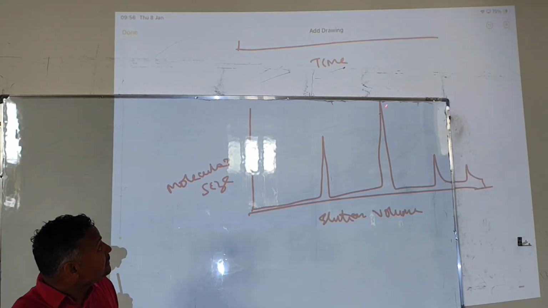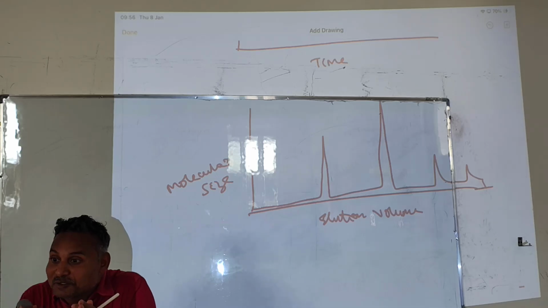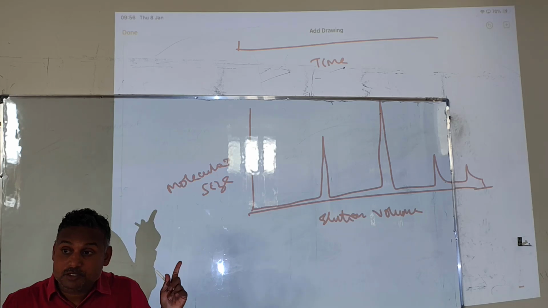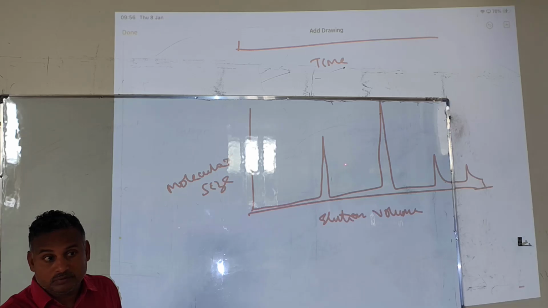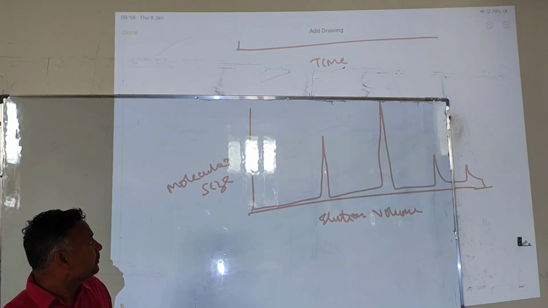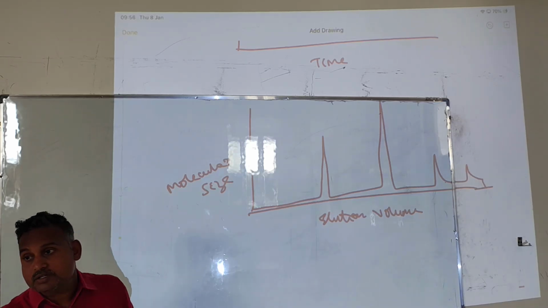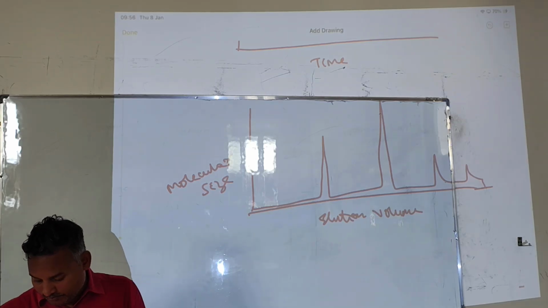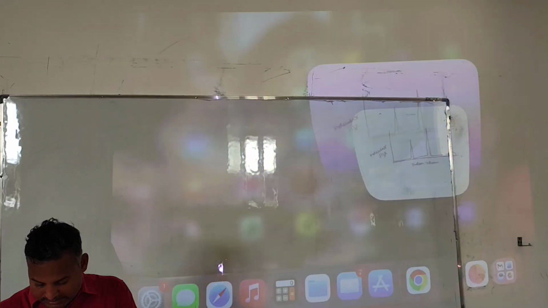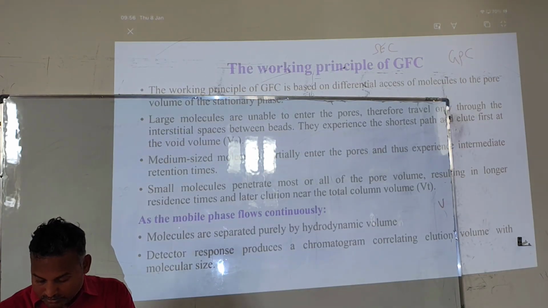Don't think that because this is a big peak, it is a bigger size molecule. No. Which peak corresponds to the biggest size molecule among the four? This one. The one which is coming out first is the biggest molecule. The smallest is the one staying more time in the column, right? So now you understand how the chromatogram comes out.